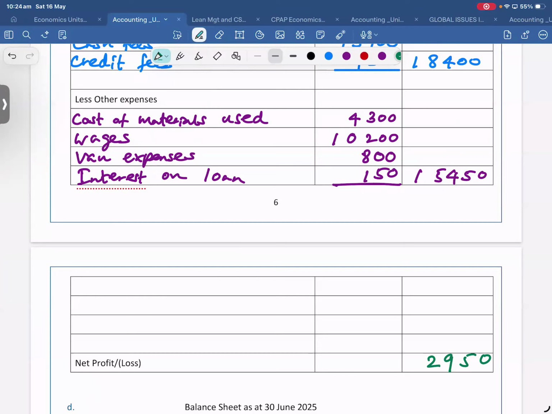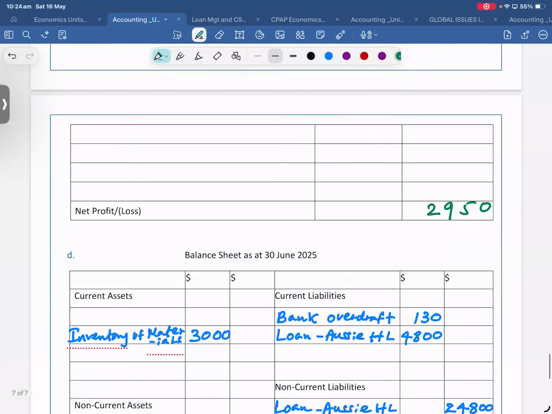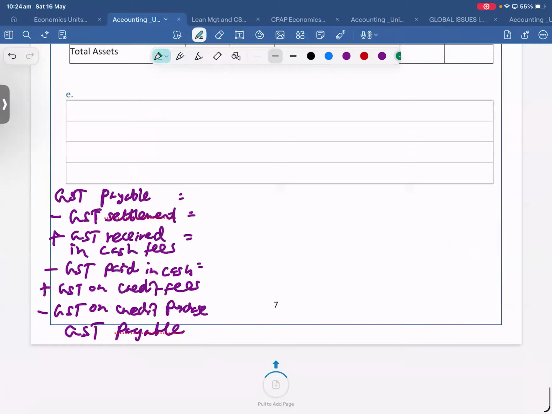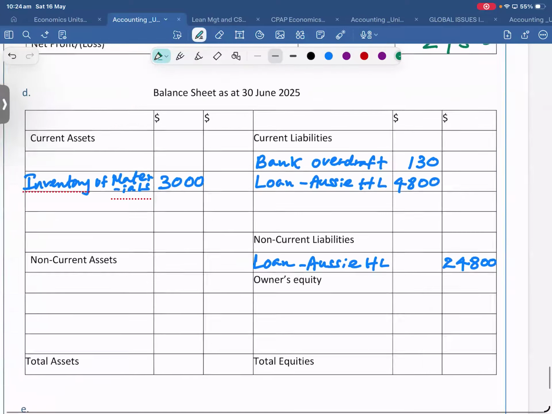So where do we report the profit? Profit we report in the balance sheet again, under the owner's equity. Why? Because only the owner can claim it.